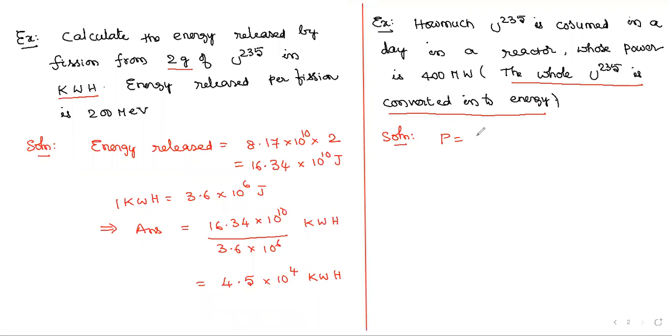So here, first of all, power is equal to energy divided by time. To use the shortcut, I try to calculate the energy first. Energy released in the reactor completely is equal to P into T, cross multiplying those two. Power is already given, 400 megawatts. Mega means 10 to the power 6.